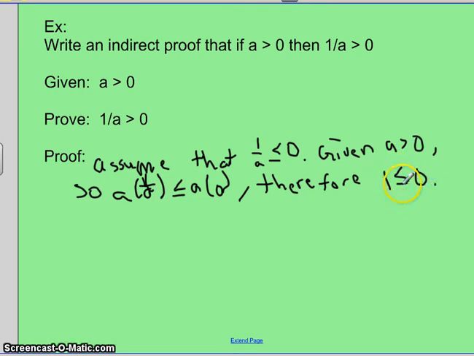So is 1 less than or equal to 0? No, that's our contradiction. Thus, this is false. Thus, a contradiction.